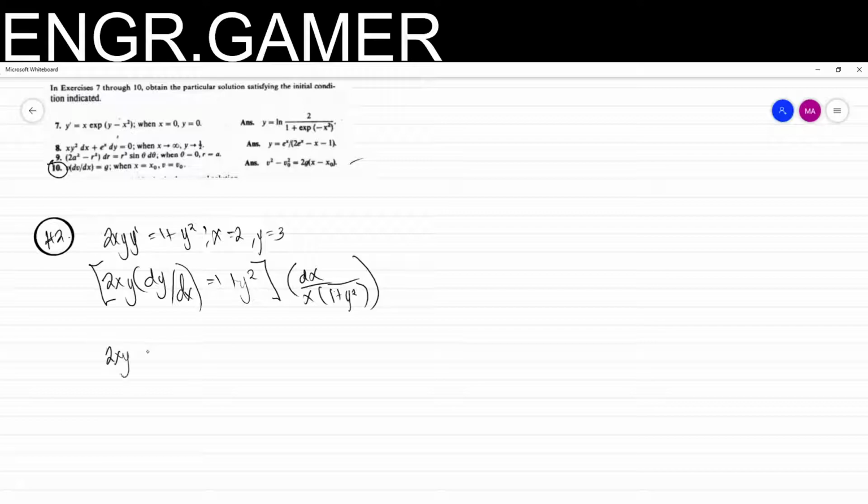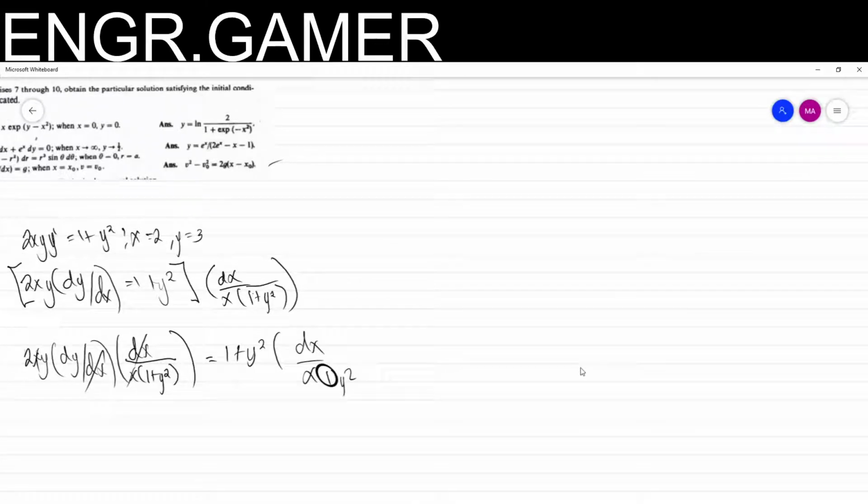You have 2xy dy over dx times dx over x times 1 plus y squared. Yung x natin makancel out rin. So, ang matitira is 2y dy over 1 plus y squared is equal to 1 plus y squared times dx over x times 1 plus y squared.